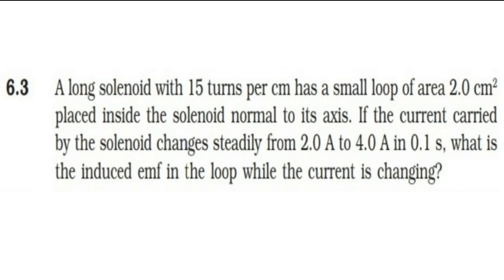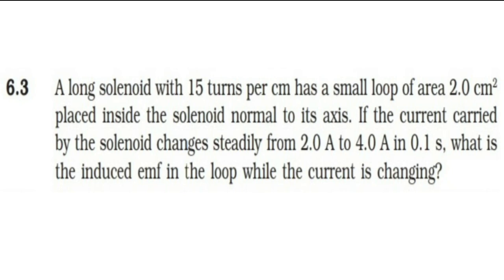So here we have a long solenoid, its data are given, and the current is changing from 2 ampere to 4 ampere within 0.1 second. Then what is the induced EMF?